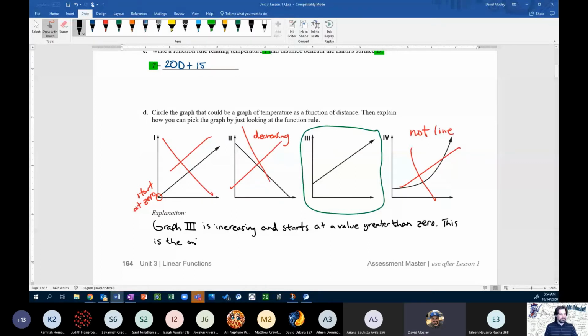This is the only graph that fits our function.